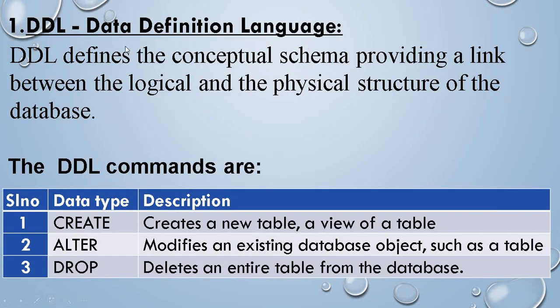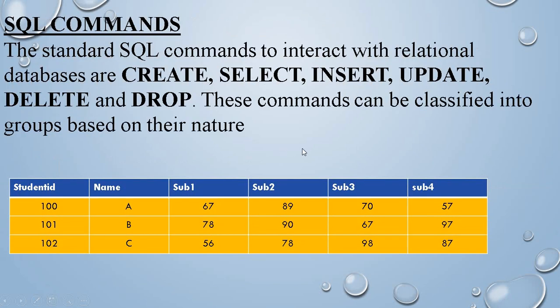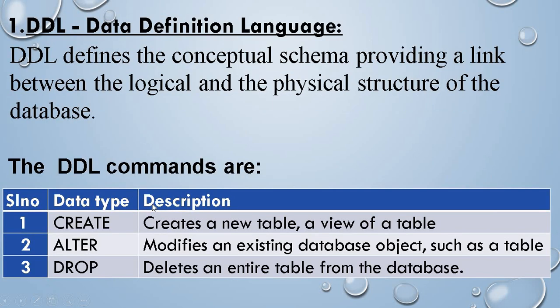I told you that based on their nature, these commands will be grouped into different categories. The first group, among the different types of languages used in SQL, is DDL, that is data definition language.